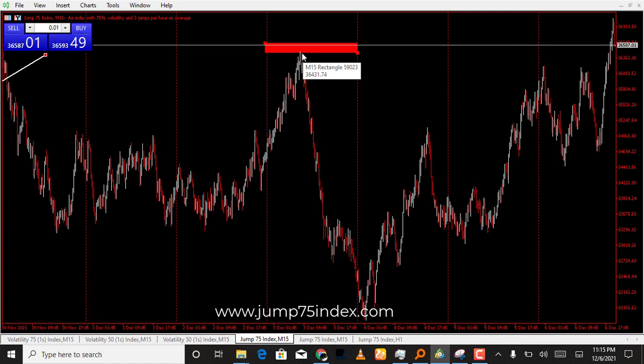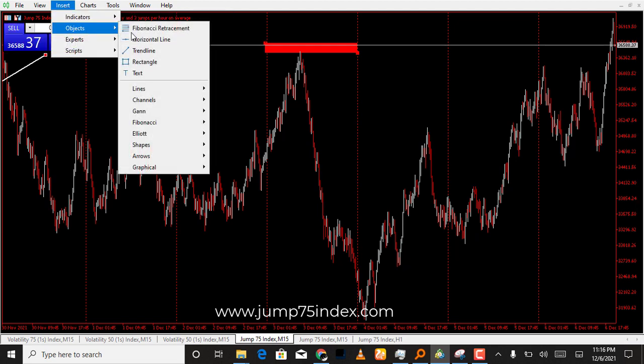This was the highest peak of the day on my time frame on that day. By using this period separator, it enabled me to see where is the day high or day low.